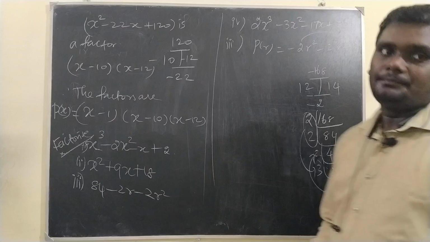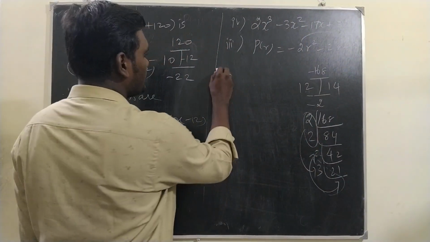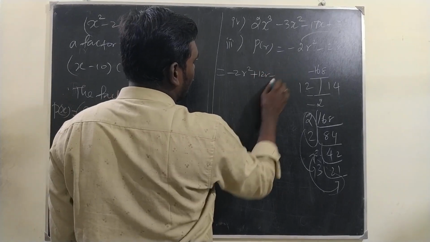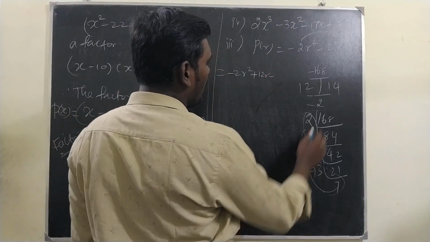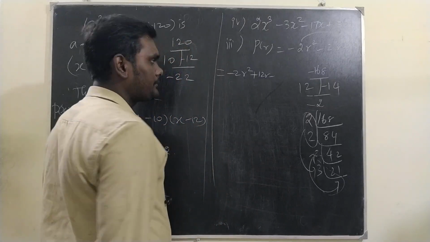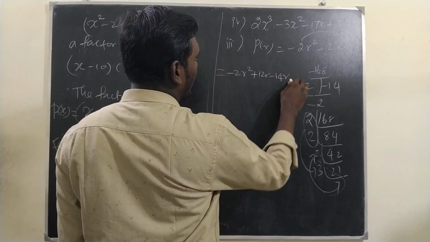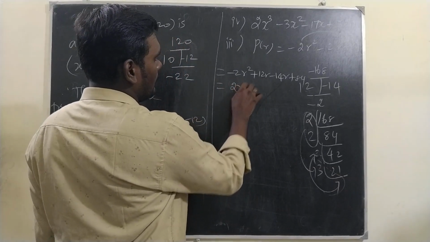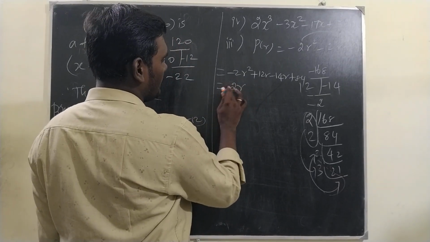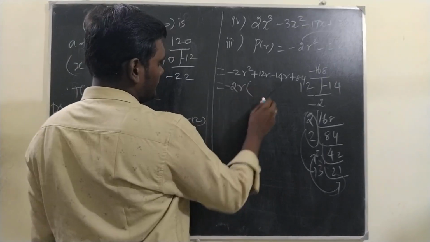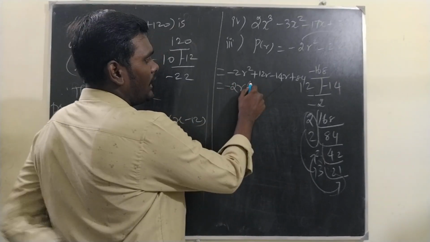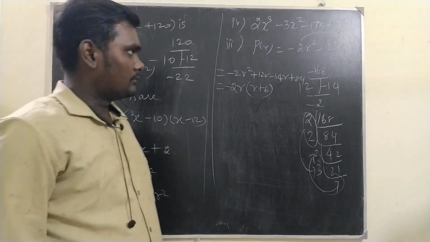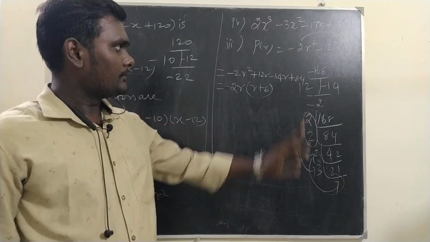So now splitting the middle term. When you split the middle term, minus 2r square plus 12r, minus 14r, plus 84. Now from these two, minus 2r itself you can take out, then here r plus 6 you get.